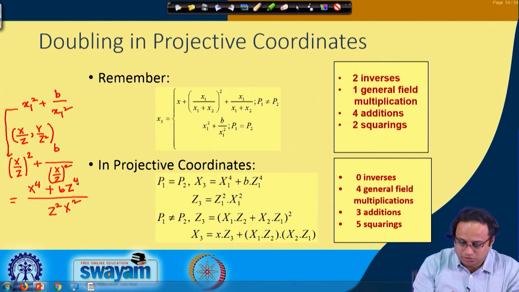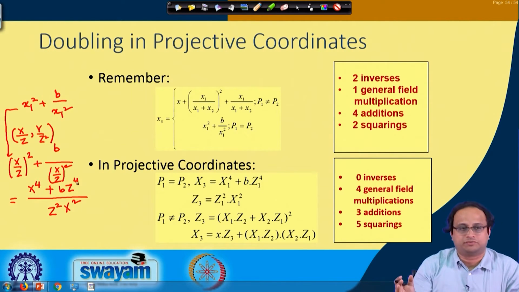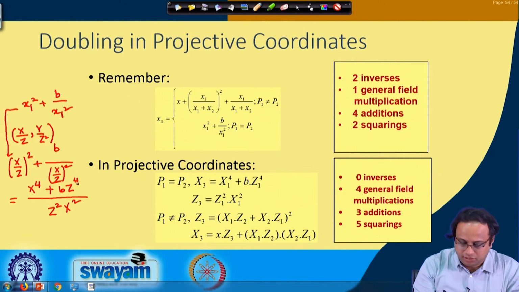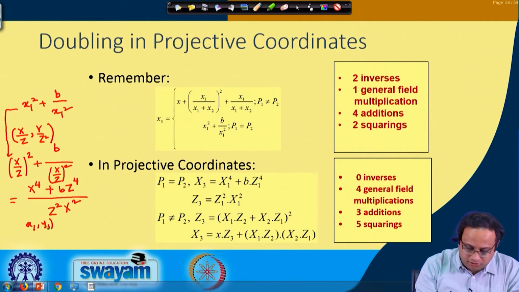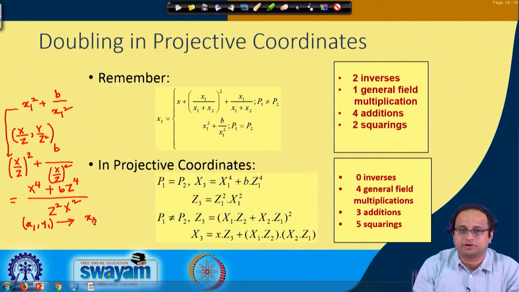So now imagine that the computation is done in the projective domain. If you compare it with the affine domain, in the affine domain you have x1 comma y1, and you are basically calculating x3 from x1.